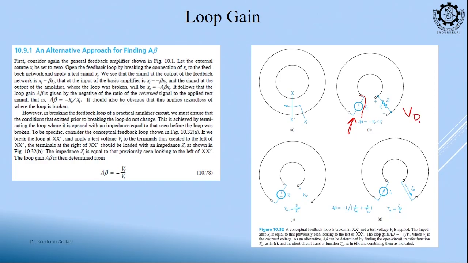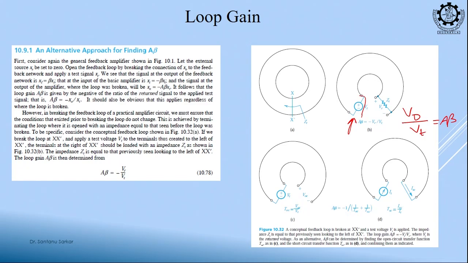Okay. So, we are giving a test voltage Vt and we are finding the output voltage. So, this will give us the loop gain, A into beta actually. Okay. This loop gain has the effect of A also, beta also.